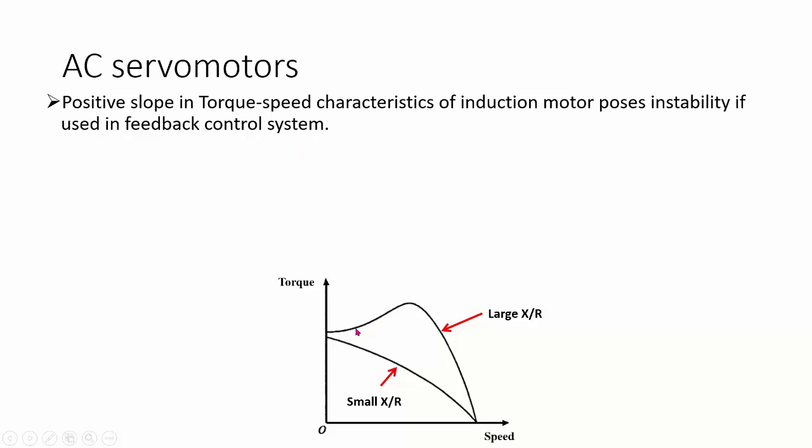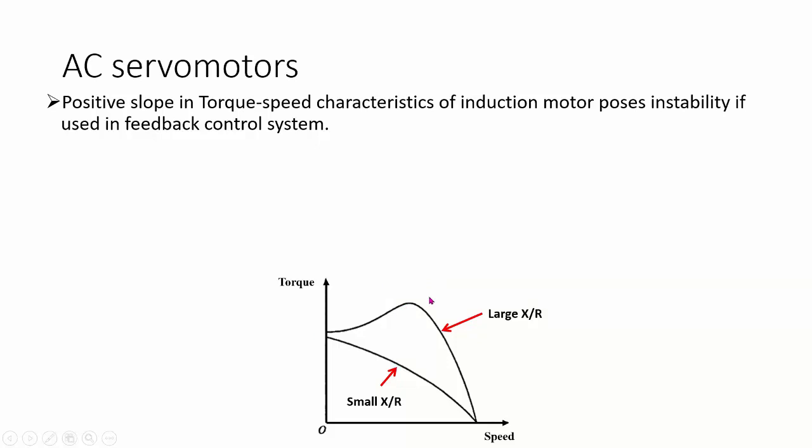So if you're going to use a two-phase induction motor in a feedback fashion, then you cannot use that motor in the range where you have a positive slope for the torque speed characteristic. Then the two-phase induction motor can only be controlled in the range where it has a negative slope. So this is a shortcoming of the induction motor, and it will become very difficult for you to control within this limit and avoid the other.